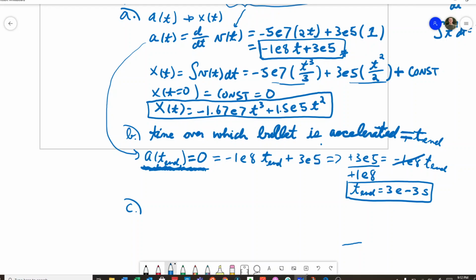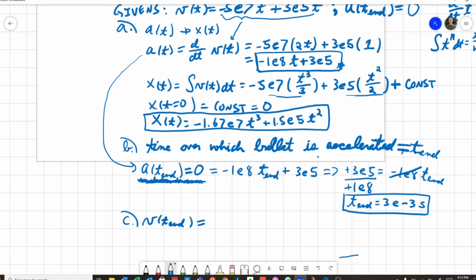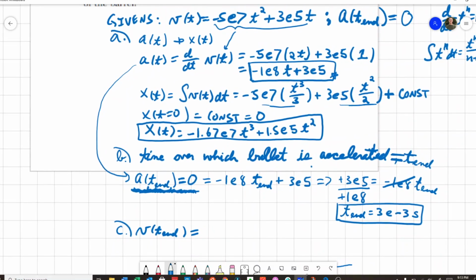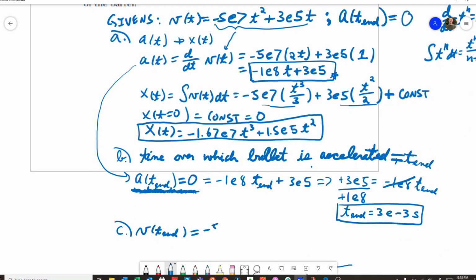Part C says find the speed at which the bullet leaves the barrel. So that would be v, right, at t end. Well, v at t end is just, we know the velocity is a function of time, and we can just plug in the value for t end, which we already know. So minus 5e7 times t end squared plus 3e5 times t end.